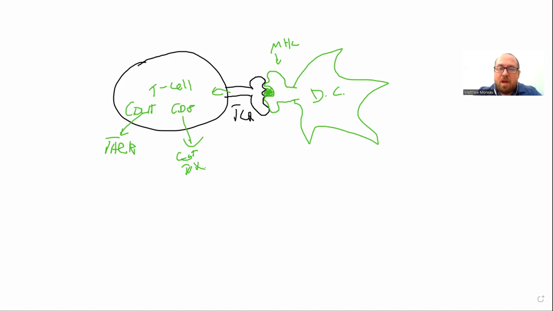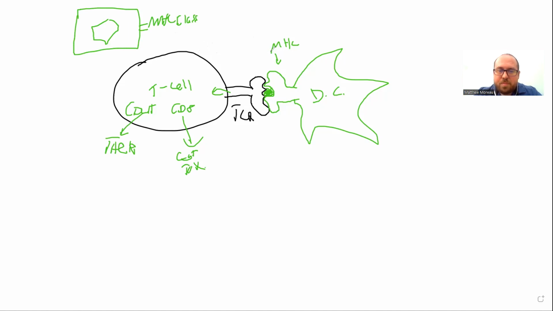So if you think about it from the logic, right, if a cell is infected with a virus, right, it's going to express MHC class 1 to tell the world that it is infected with said virus or that it's become tumorigenic.